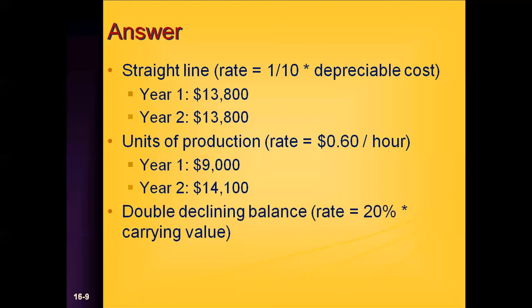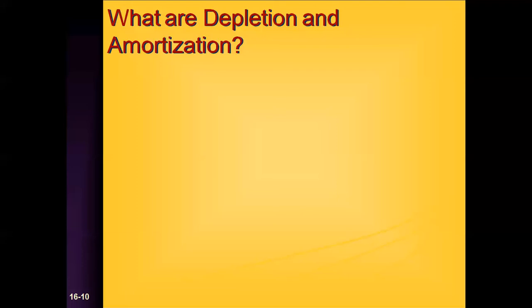And the double declining balance, as you might expect, year 1 would have a much higher depreciation amount at $24,000. And year 2 would be at $19,200.